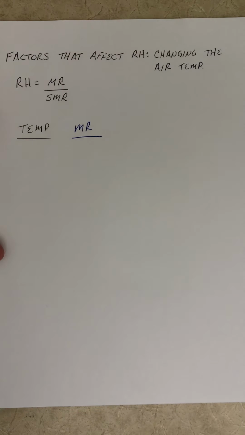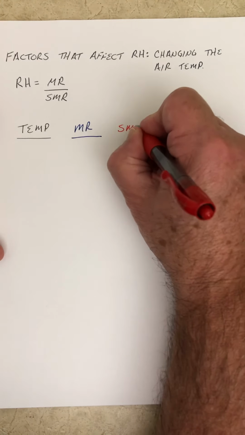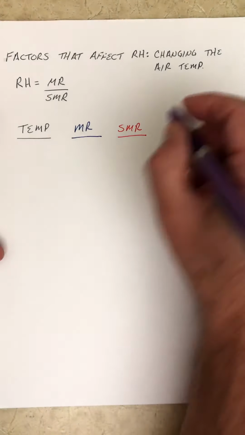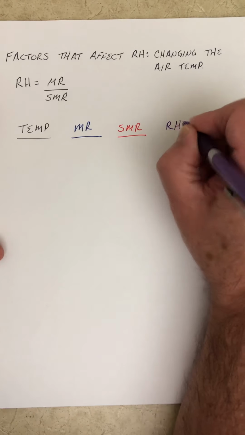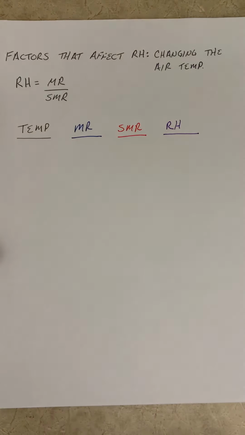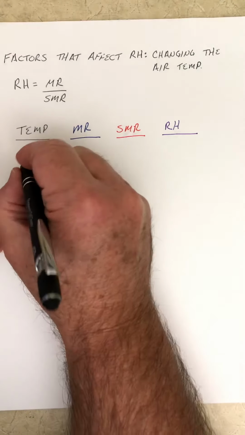If we know the temperature, we know the saturation mixing ratio. So we'll put that in our table here, and then we'll calculate the relative humidity after we've changed the air temperature, which will change the saturation mixing ratio. So let's start off our example here with a temperature of 20 degrees Celsius.